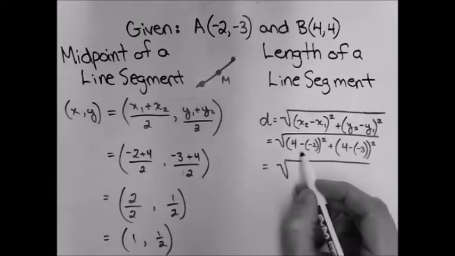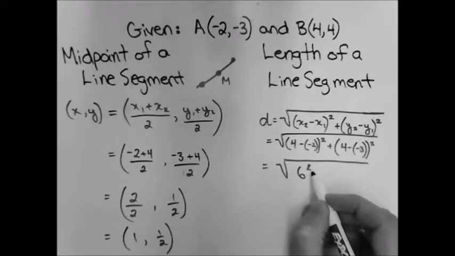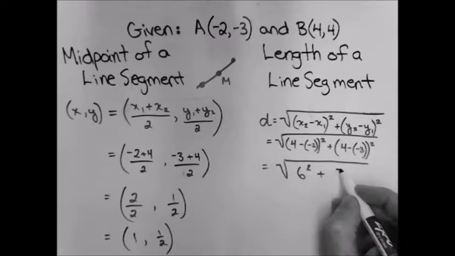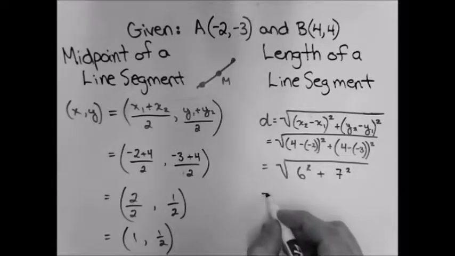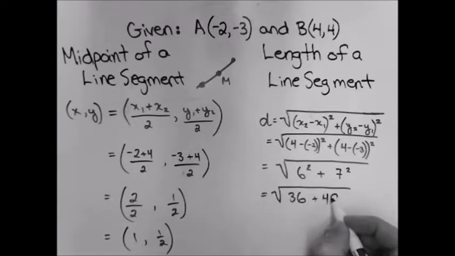You can simplify what's inside each bracket here. 4 minus -2, that's 6, still squared, plus 4 minus -3, that is 7 squared. Square my values inside the bracket, I get 36 plus 49.